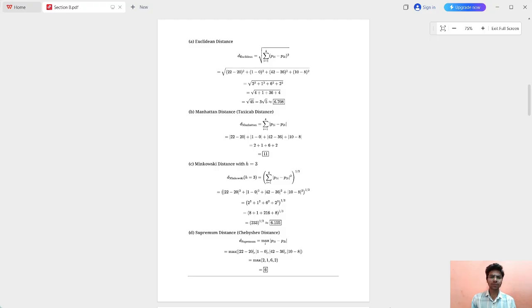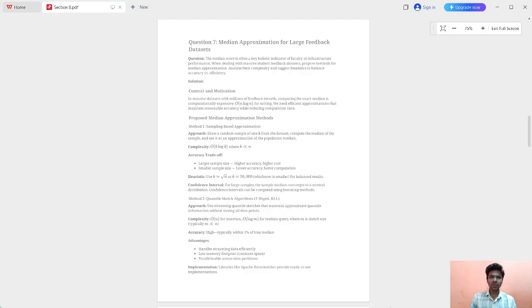And the C section is Minkowski distance with h equals 3. Applying the formula, the answer is 6.155. The last part, D: supremum distance is 6.